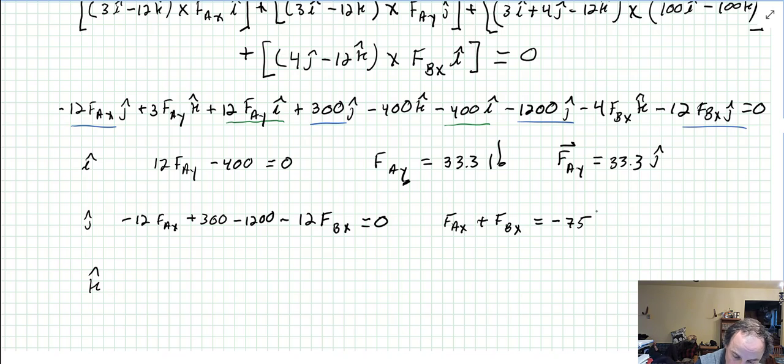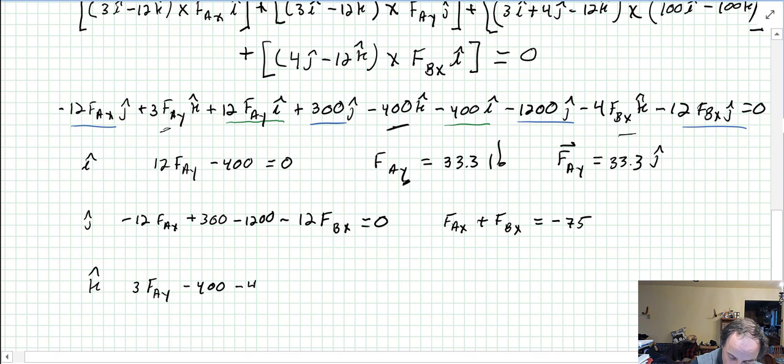Okay, we're going to do our K's now, which is everything that's left. So we have 3 FAY here, the minus 400, and the minus 4 FBX. So 3 FAY minus 400 minus 4 FBX equals 0. Now, we know this from up here.